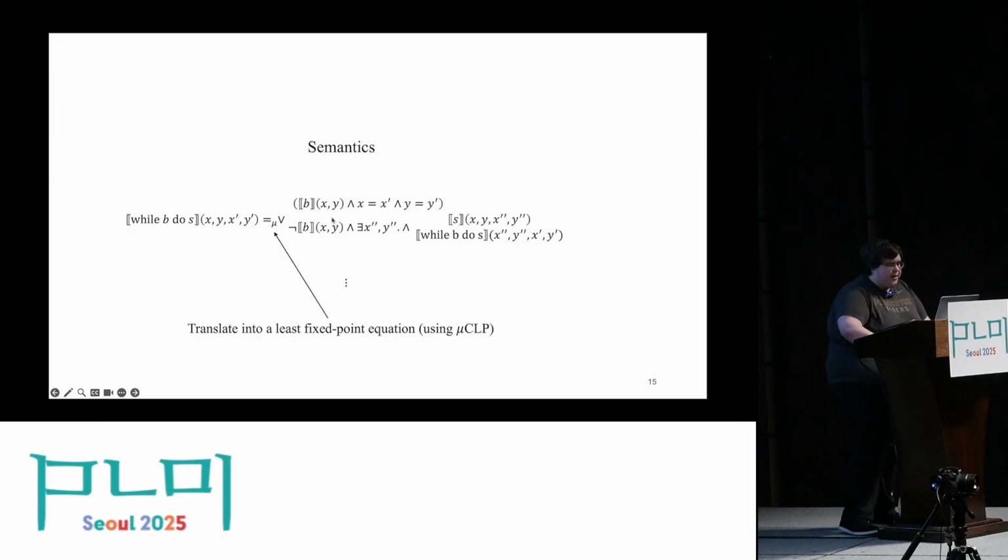Here it just combines the two rules for while, the while false rule and the while true rule, into saying that the semantics of while is defined as the least solution to this definition, along with all the other rules for defining the rest of the elements in your language. And you can do this translation grammar element by grammar element to get an entire µCLP formula for your semantics.